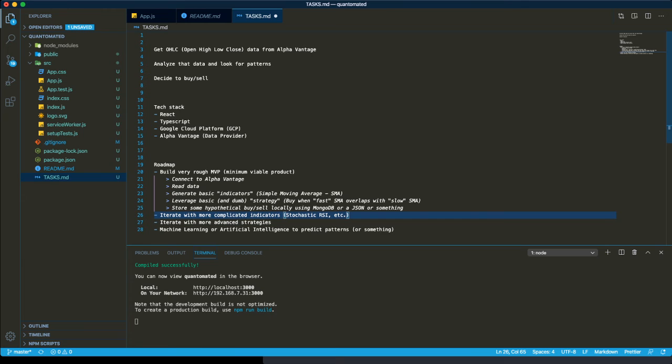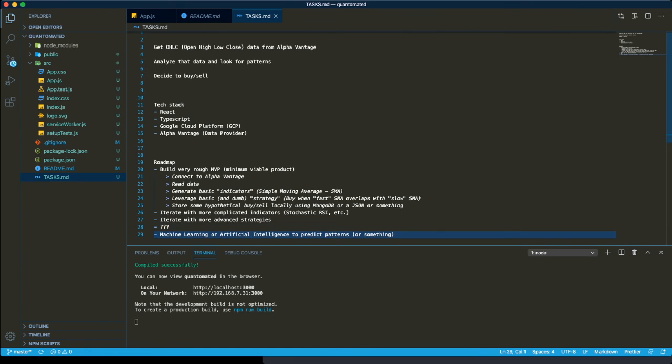Etc. Or more advanced strategies. And okay, then we'll do some type of machine learning or artificial intelligence to predict patterns. Okay.